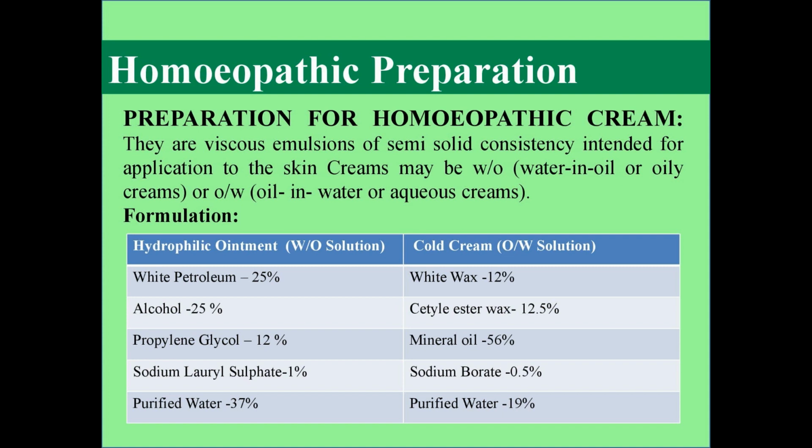To prepare cold cream, white wax 12%, cetyl ester wax 12.5%, mineral oil 56%, sodium borate 0.5%, and purified water 19% are the ingredients from which you can prepare the cold cream.